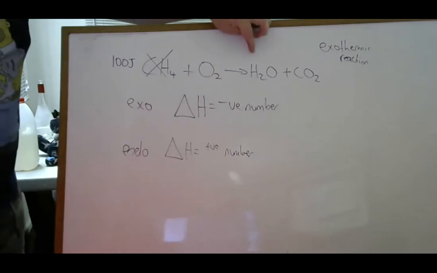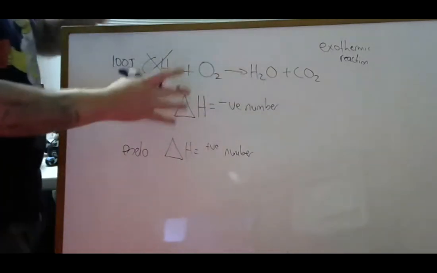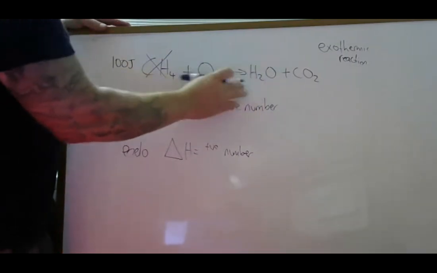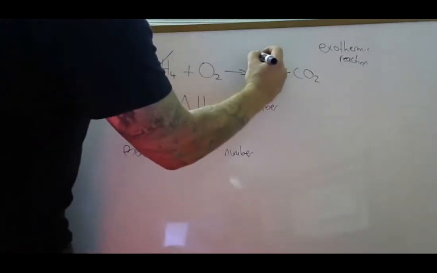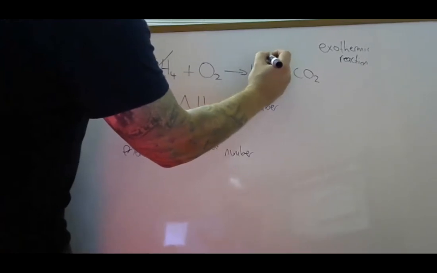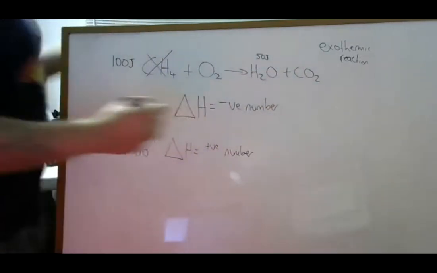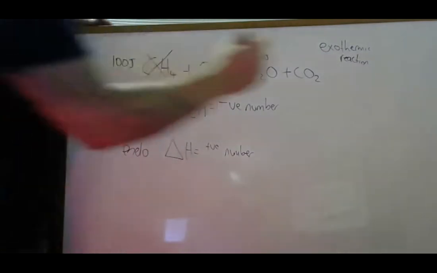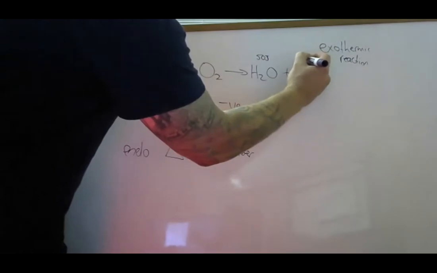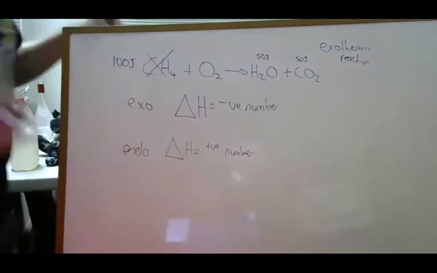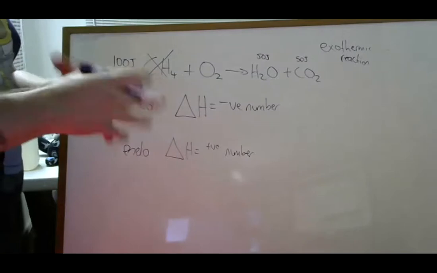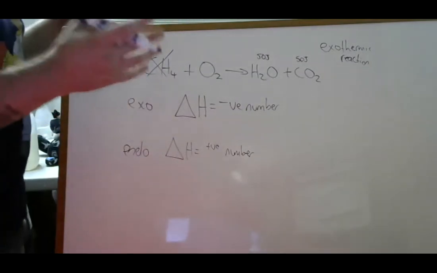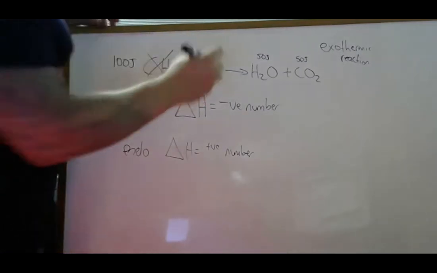On this side, everything once it's burnt recombines, and let's say it releases 50 joules of energy when CO2 or H2O is created, and then another 50 joules when the bonds between carbon and oxygen form, they release heat. We would have a neutral number.